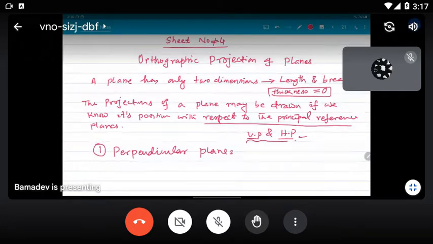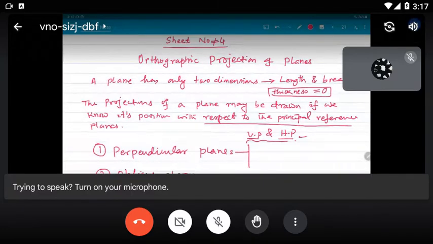Number two is oblique. Perpendicular planes means it must be perpendicular to either the vertical plane or the horizontal plane.